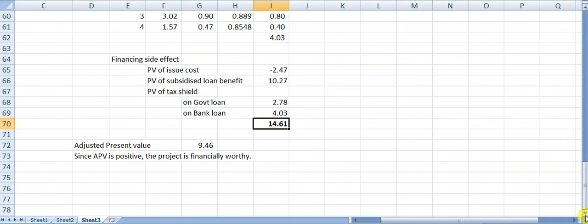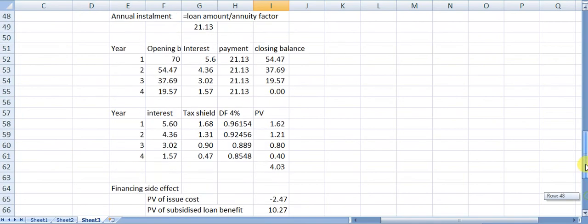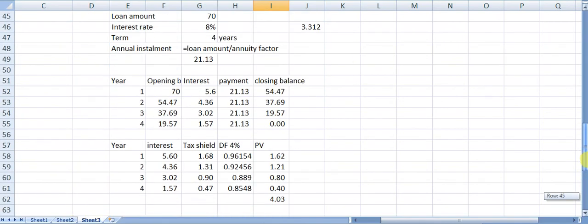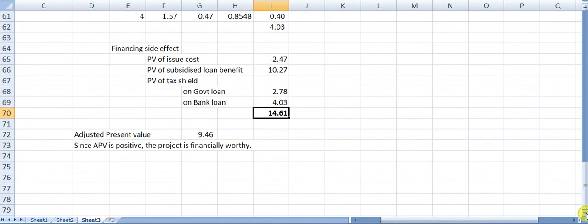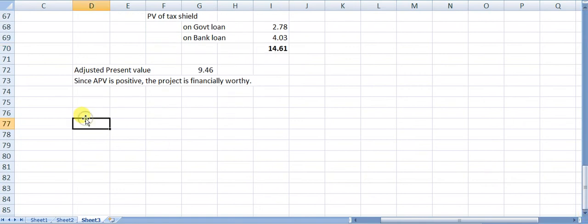Right. Before we wind up the discussion about adjusted present value, let me give you a couple of other points. When is APV mostly useful? I'll tell you the situations where APV is mostly useful rather than NPV.